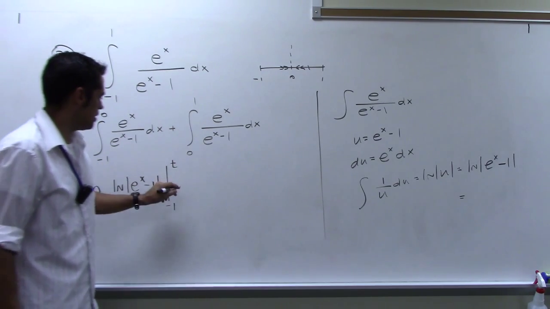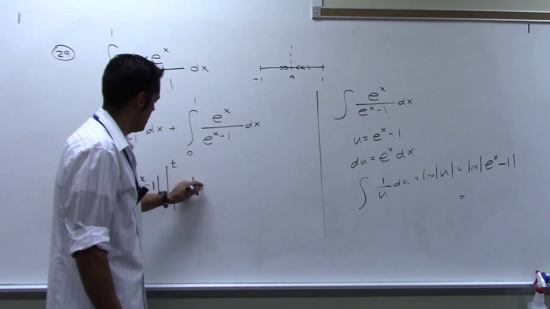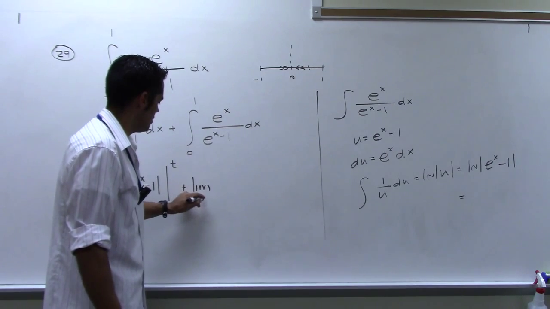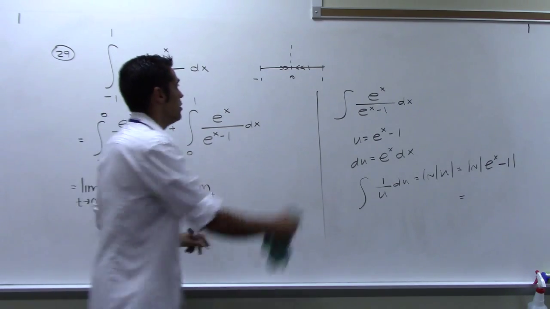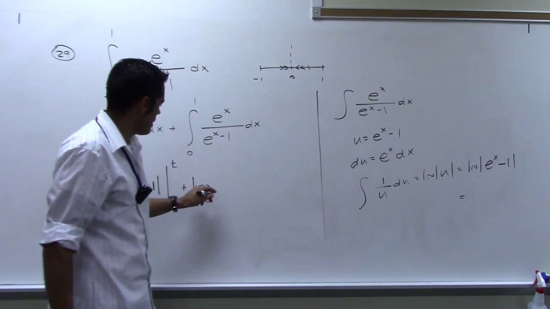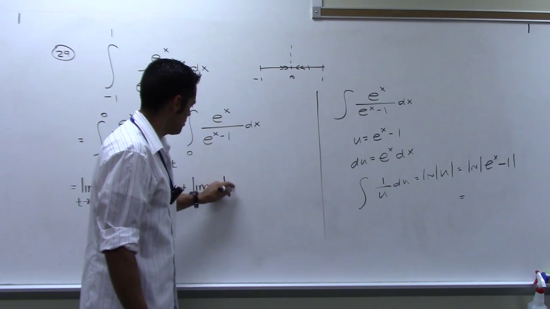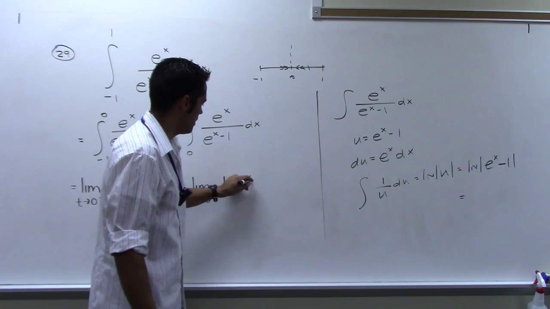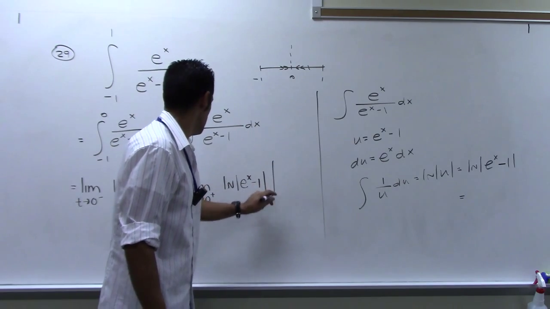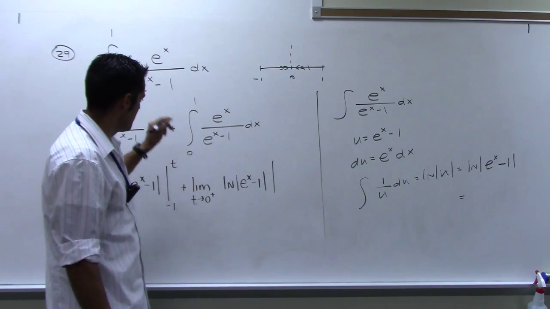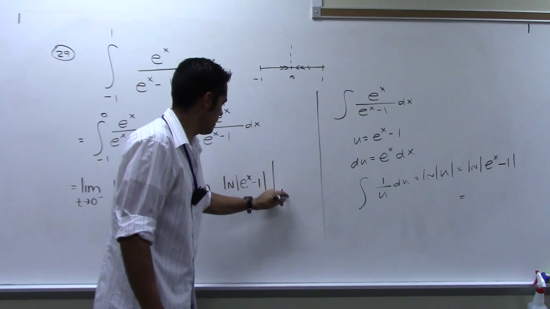And then I set up this integral, plus limit, this time t is approaching 0 from the right side, because I'm on this one, of the antiderivative of that, which is natural log of e to the x minus 1, evaluated from 0 to 1, but 0 is the t.